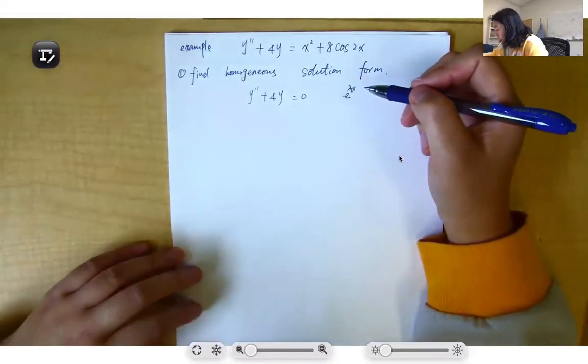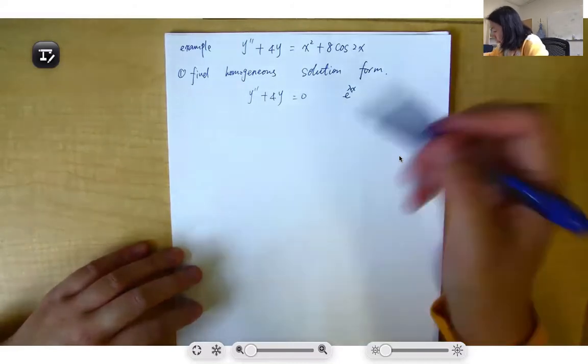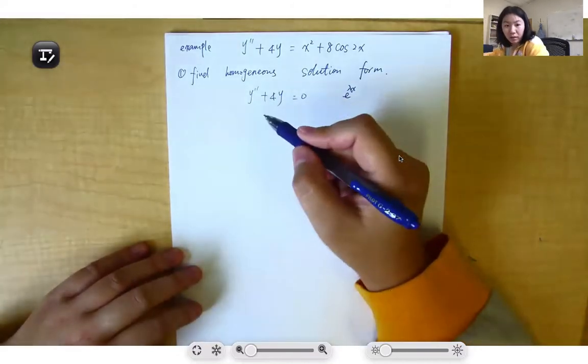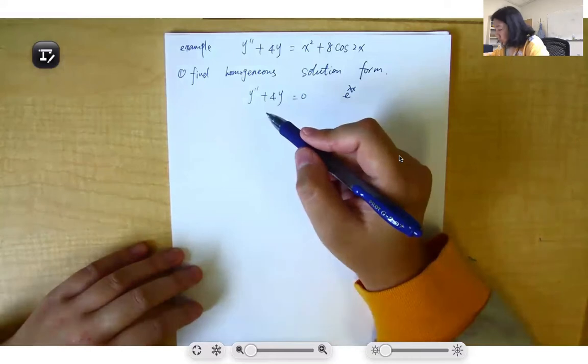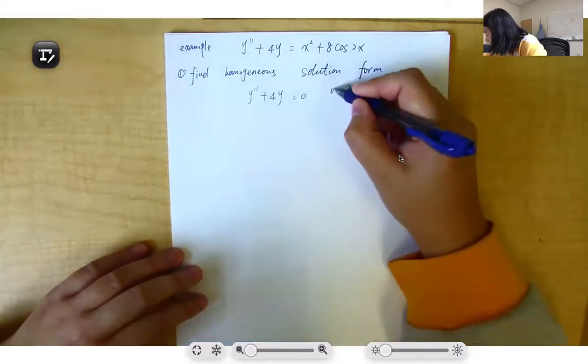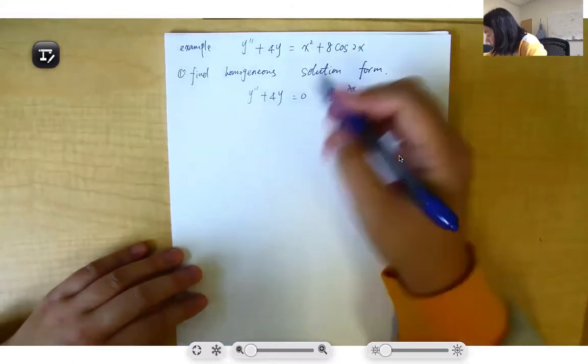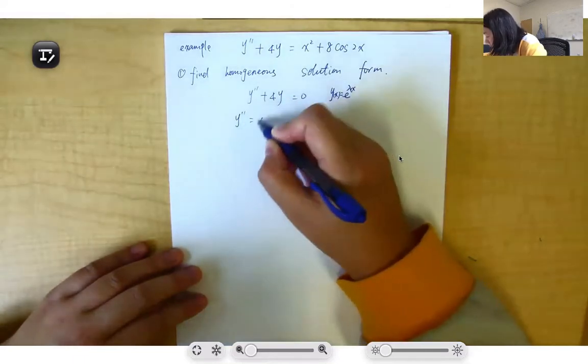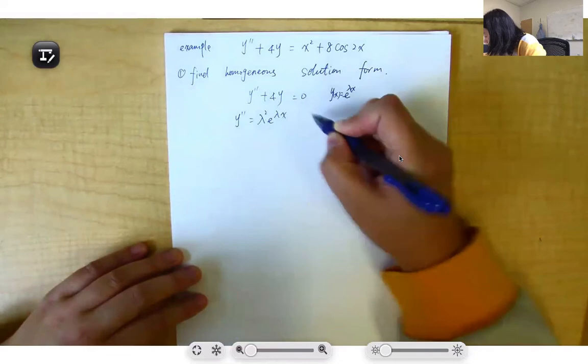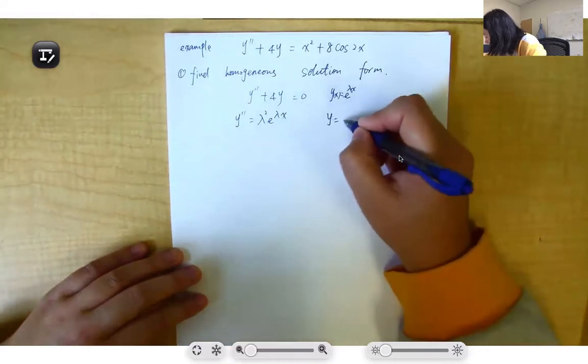Then you can generate the characteristic polynomial. So you assume y(x) equals e to the lambda x. Then y double prime will be lambda squared e to the lambda x, and y is e to the lambda x.